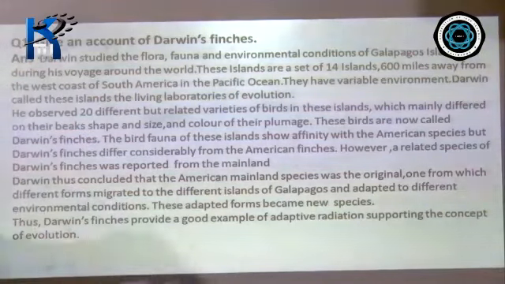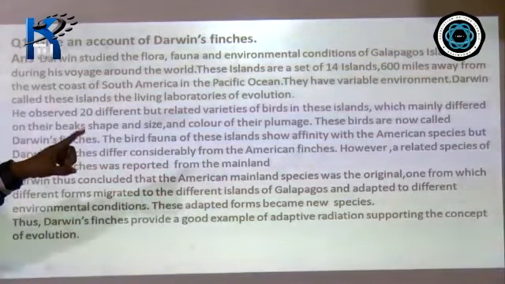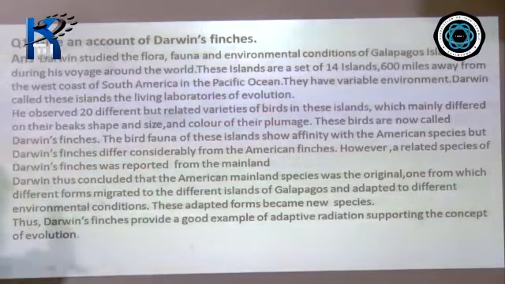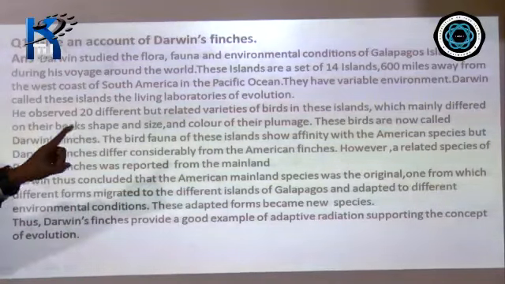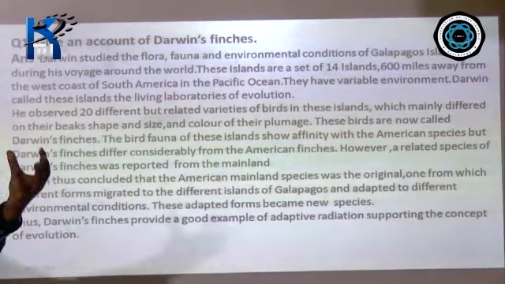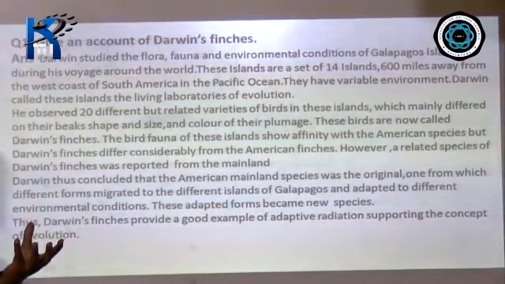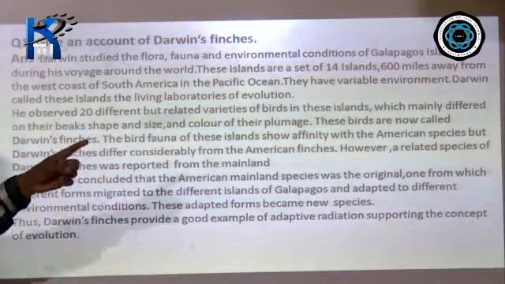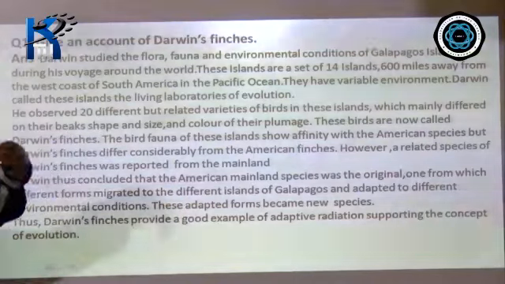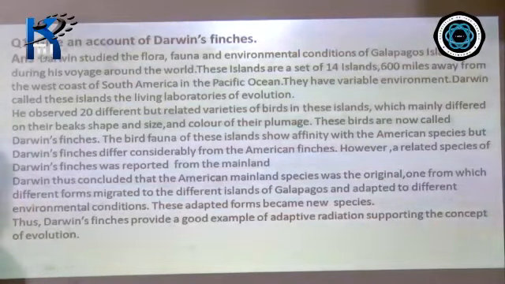Okay, there are 14 islands, 600 miles away from the west coast of South America in the Pacific Ocean. So this is also giving you the details of the geographical location. They have a variable environment. That means all those 14 islands have different temperature conditions, and soil condition is different. Darwin called this island the living laboratory of evolution. That means in 14 different islands, due to different climatological factors, he found different types of flora and fauna.